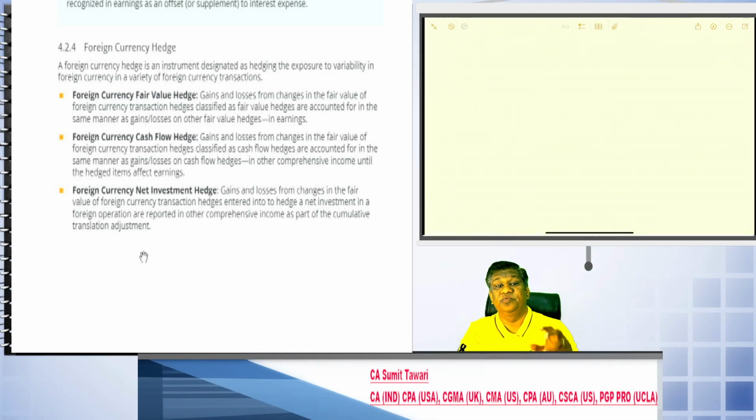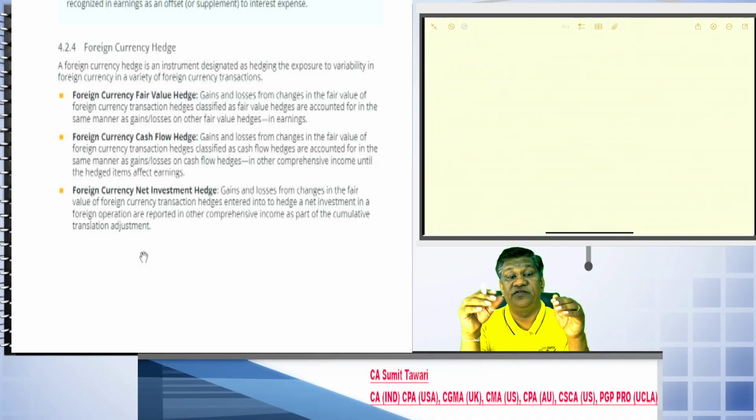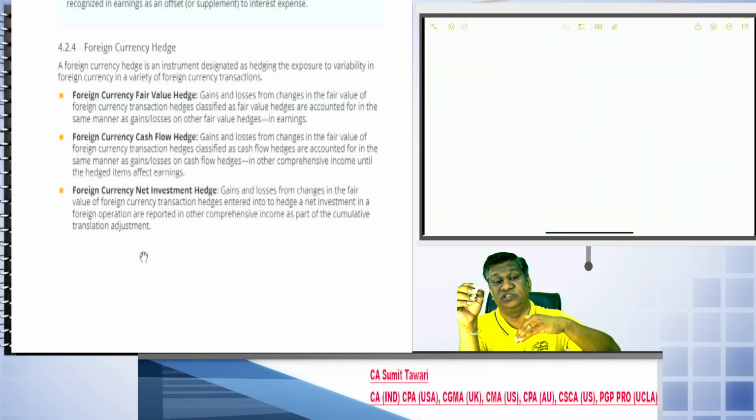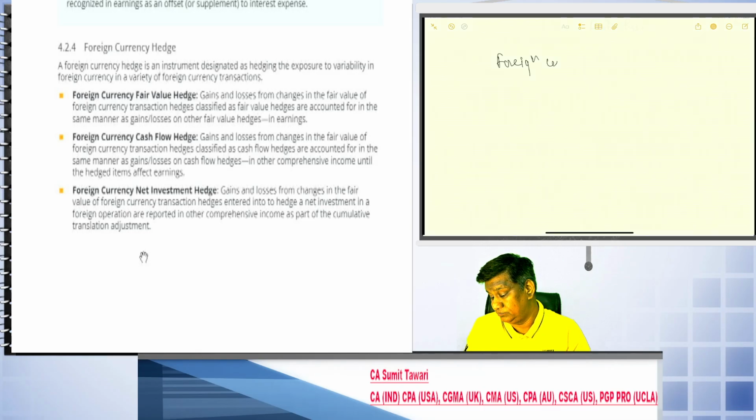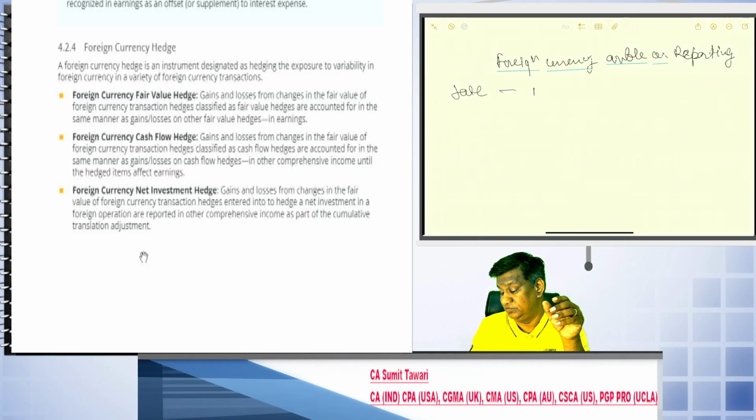So currency fair value hedge means it is just like a property. Cash flow hedge means subsequent valuation. So whatever may be the foreign currency available on the reporting date, that is basically the foreign currency in a fair value hedge.